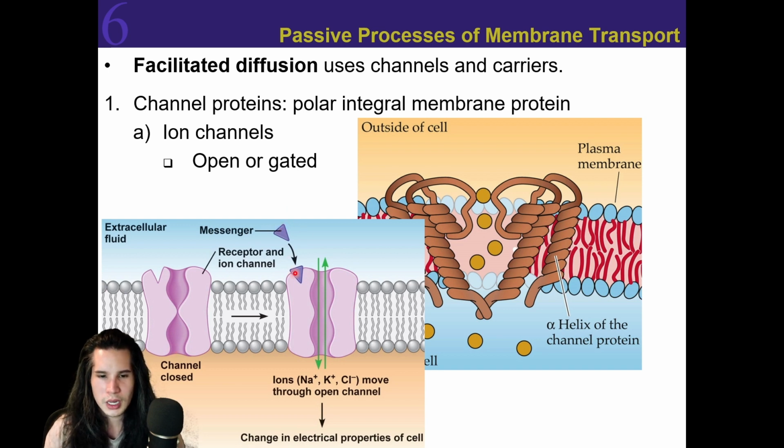Well, if a messenger or a ligand binds to a receptor, it might cause a conformational shift in that protein, opening up the channel, allowing ions to flow in or allowing ions to flow out, for example. It can move in either direction. So an ion channel is one that's just going to move ions from one side of the cell to another, and they can be open perpetually or they could be gated, meaning they require some kind of ligand to open them up.